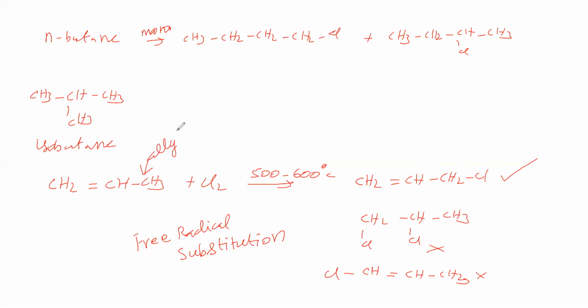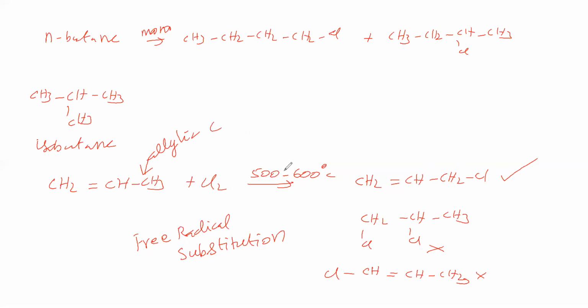Therefore, this carbon is allylic carbon. This allylic carbon is going for a substitution. Allylic carbon goes for substitution when it is treated with chlorine at 500 to 600 degrees Celsius. So this allylic carbon is undergoing substitution rather than the double bonded carbons.